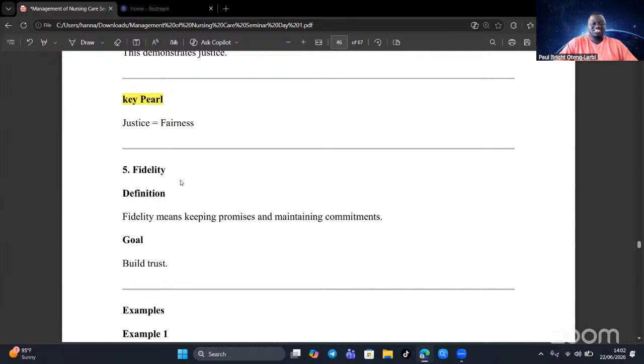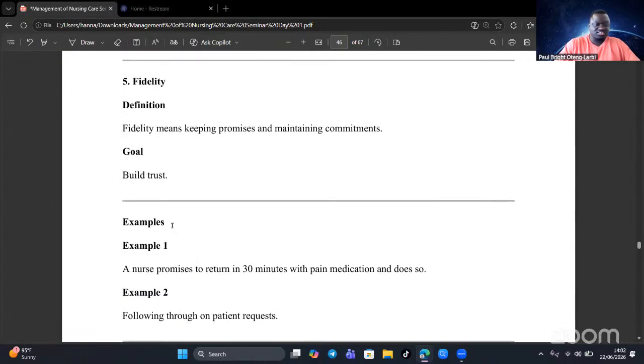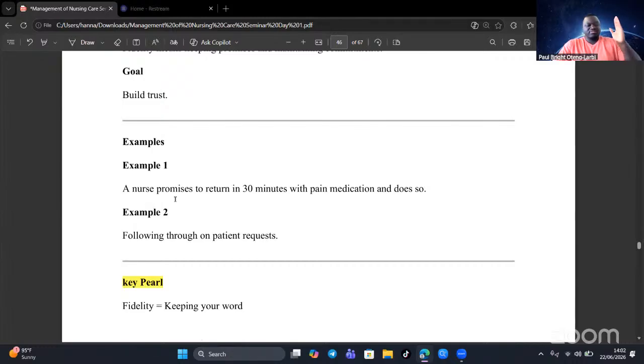Then fidelity is what? Keeping promises and maintaining commitments. Fidelity, building trust. So a nurse promises to return in 30 minutes with pain medication, and does so, following through on the patient's requests.